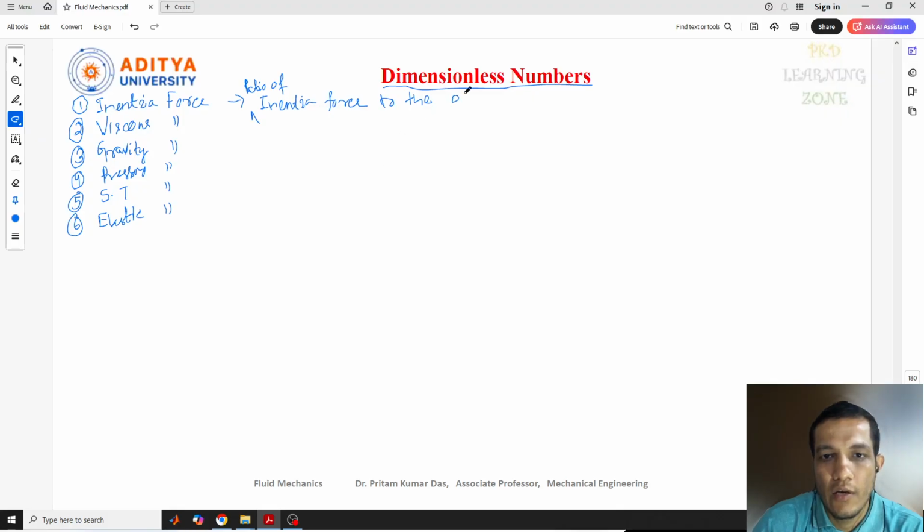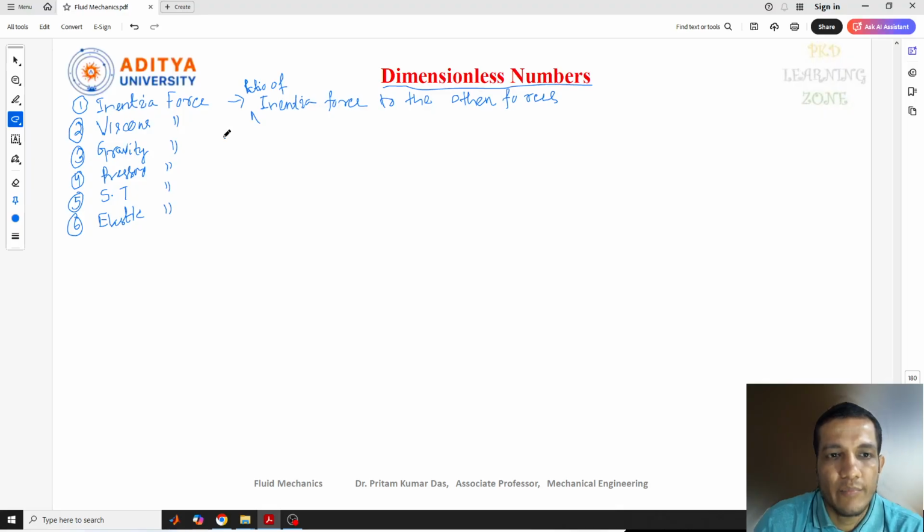As it is the ratio of one force to another force, it won't have any kind of dimensions. That's why it's called a dimensionless number.